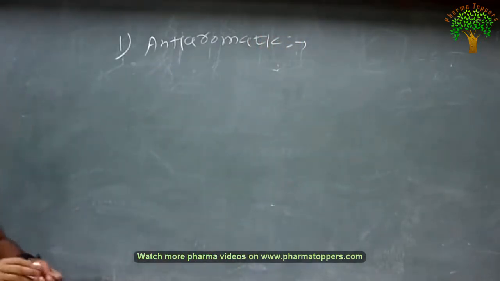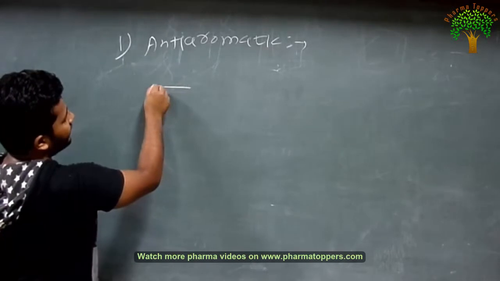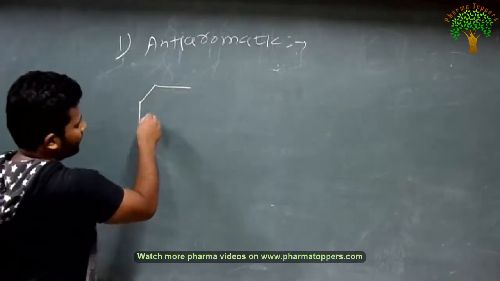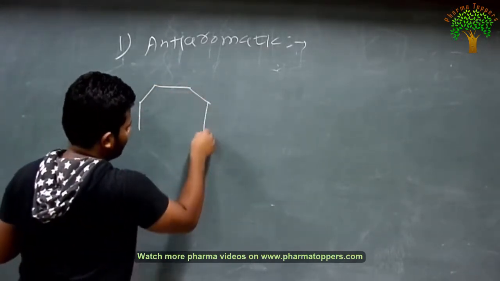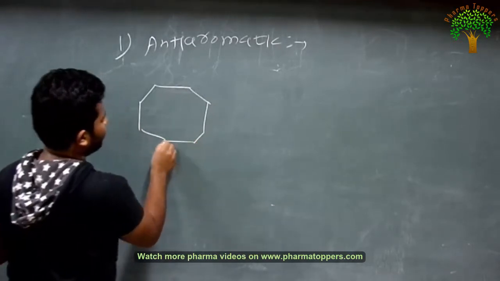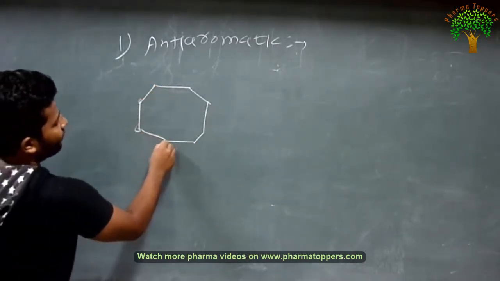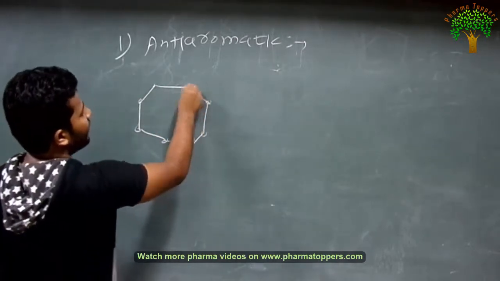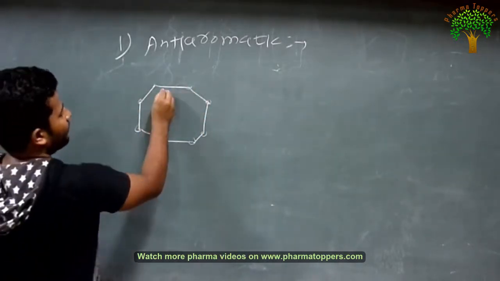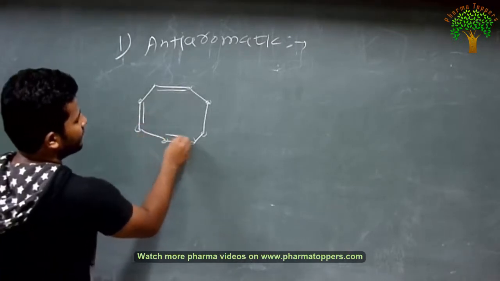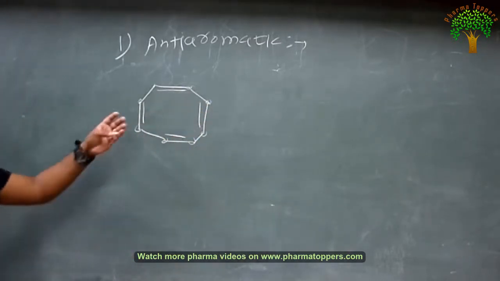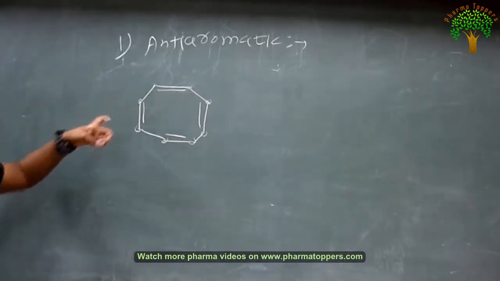If you see the structure, simple, cyclooctatetraene. One, two, three, 4, 5, 6, 7, 8. That is 4 double bonds. Now apply all the rules of aromaticity.